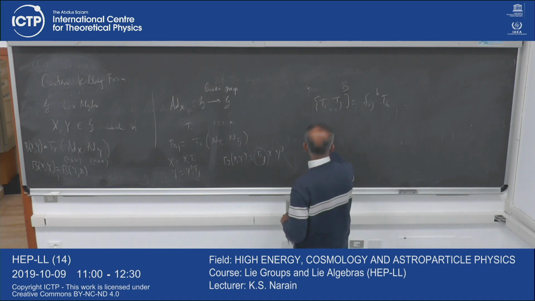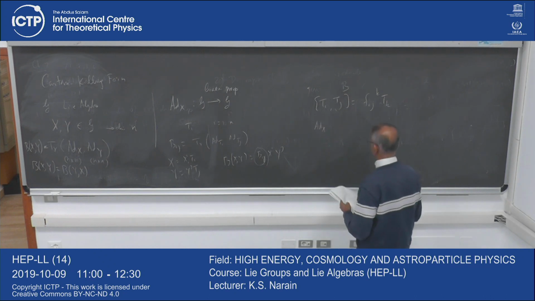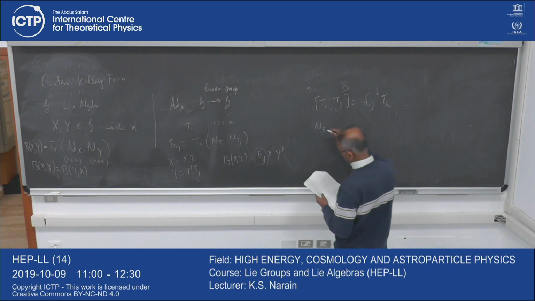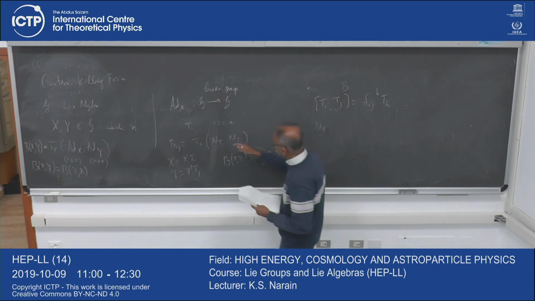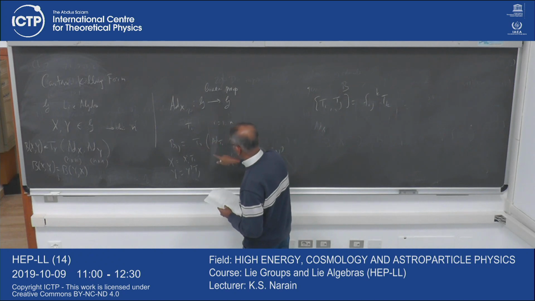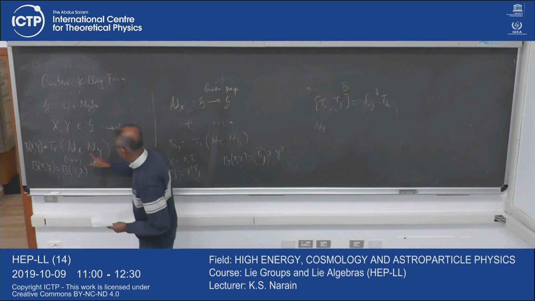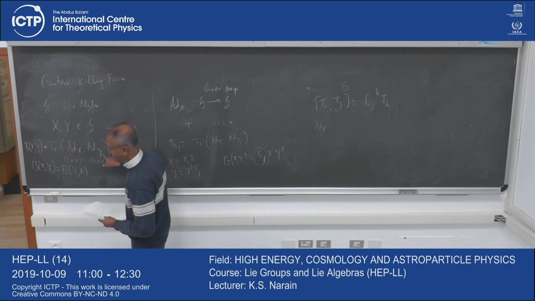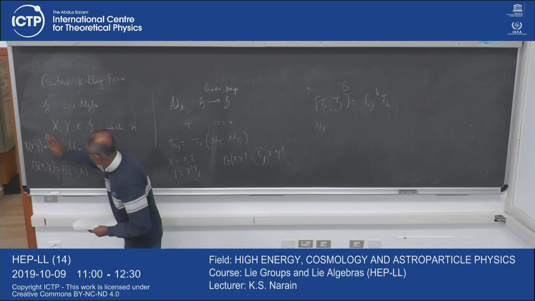So what is ad x? One could do it the following way. We want to look at the action of ad x, ad y on the basis. After all, this is an n by n matrix, before taking the trace.